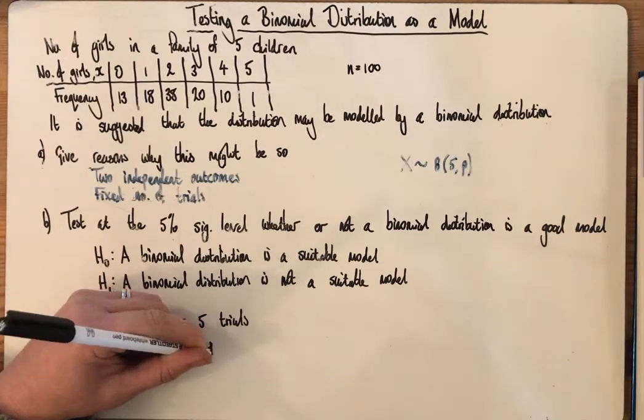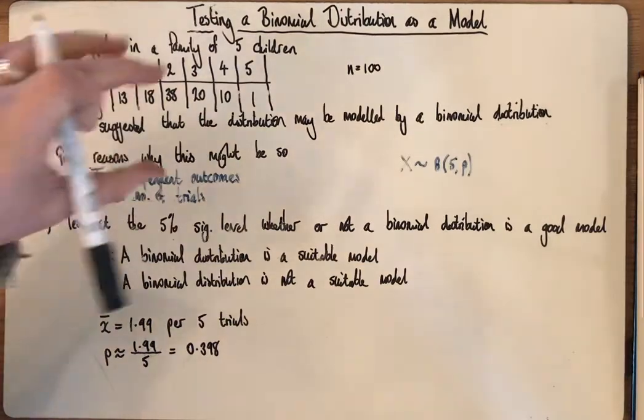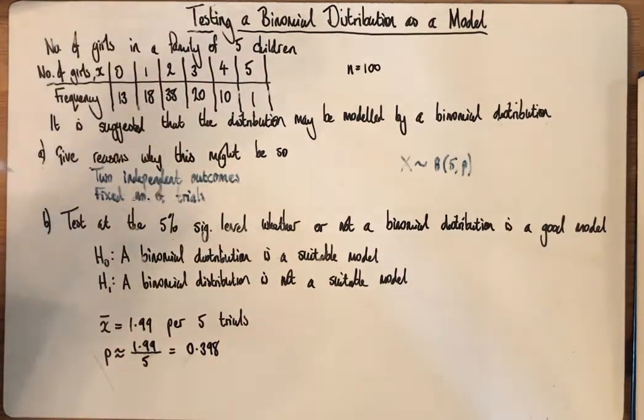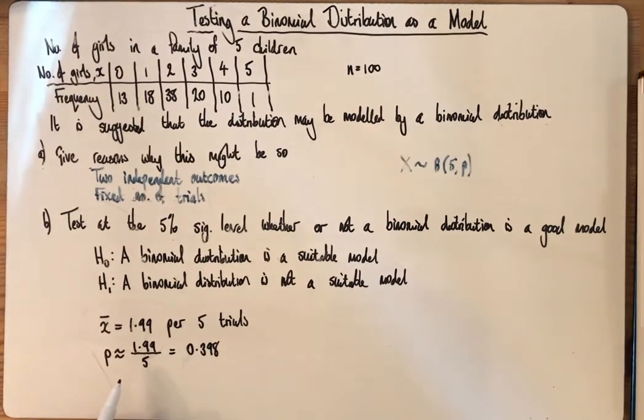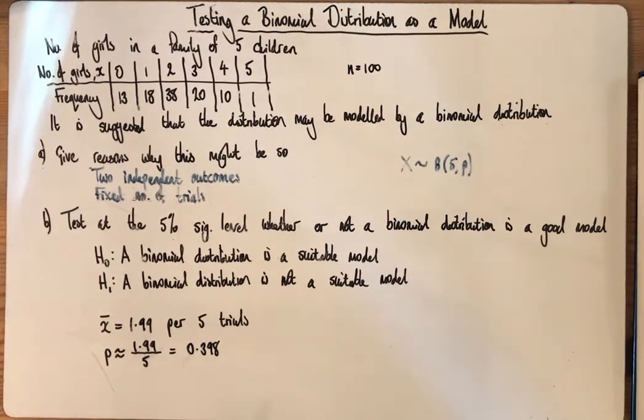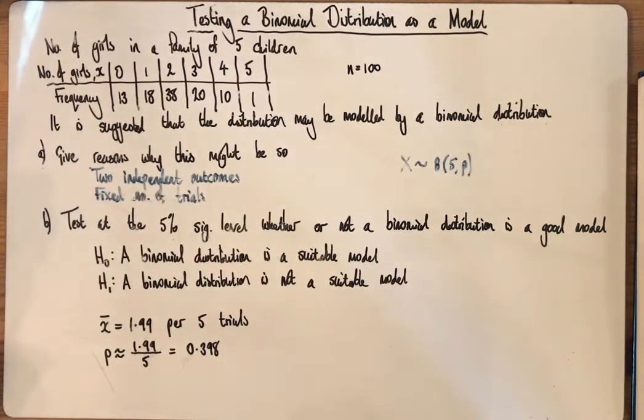So we're estimating p from this sample of 100 families. If you took a different sample of 100 families, you're very unlikely to get exactly the same thing, and that's why p is an estimate. So we're estimating the underlying population probability of success with the sample. So yeah, probability of girl 0.398.